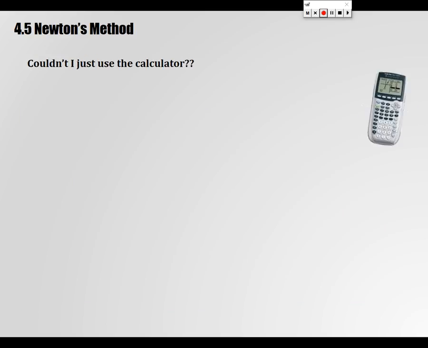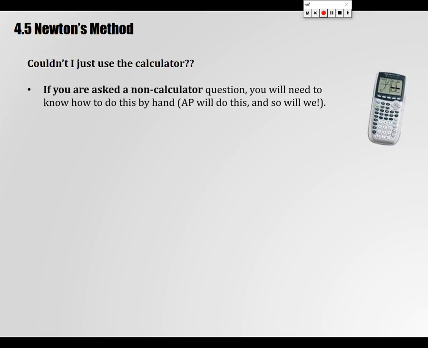Couldn't you just use the zero finding method of your calculator? What's so wrong with that? Obviously you can't do this without a calculator in your hand anyway, so couldn't you just find the zero using the already built-in algorithm? The answer is kind of yeah, but here's my explanation.